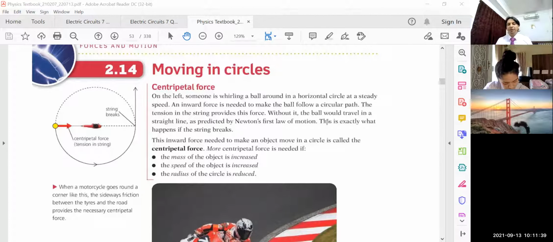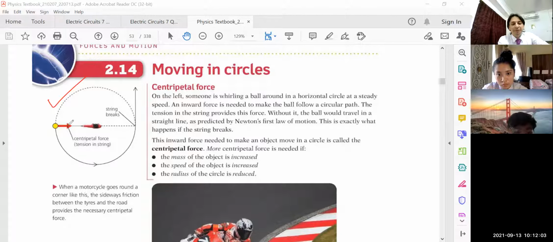Now in these situations, who is responsible that this marker is able to rotate in a circular path? The same diagram you can find here on the screen on the left-hand side.